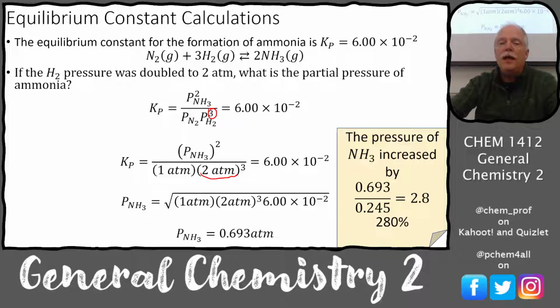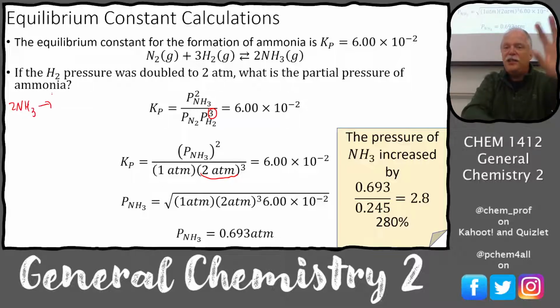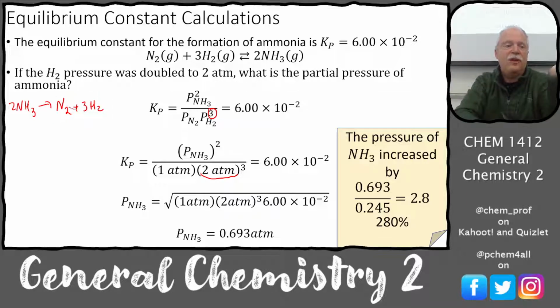Yes. So if we're doing the reverse reaction, the reactants and products flip, right? Yes. Okay. So if we wanted to write this in reverse, let's say we had the destruction of ammonia. I'm going to leave the G's off because they're all gas. Okay, I've got the reverse reaction.